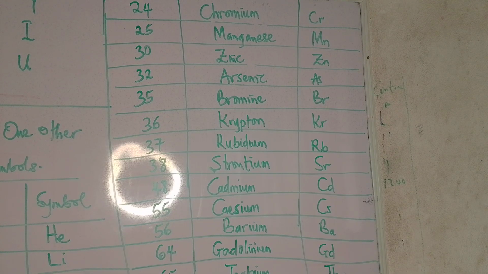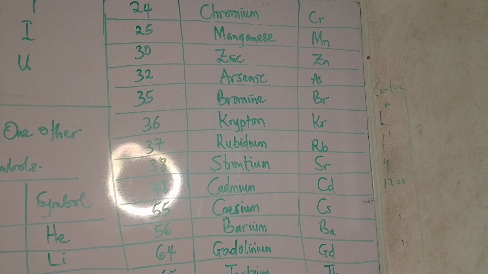Number 64, gadolinium, that is Gd. Number 65, terbium, that is Tb. And number 73, tantalum, that's Ta. Number 86, radon, that is Rn; you always call it radon. And number 89, actinium.